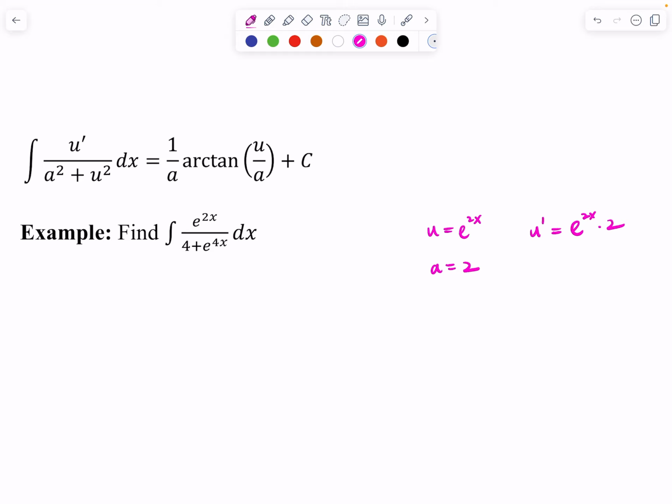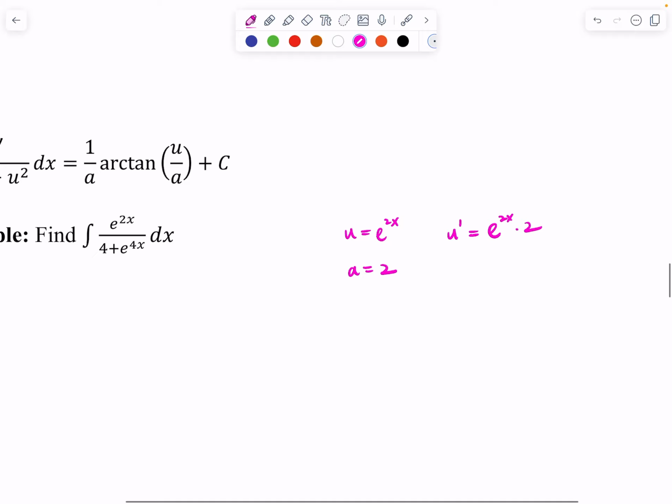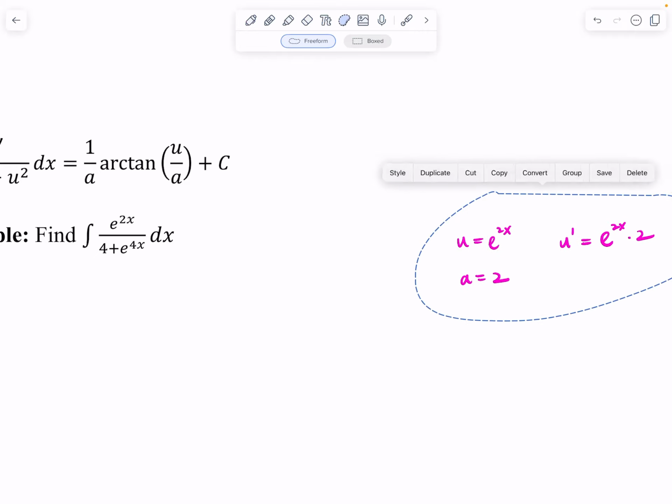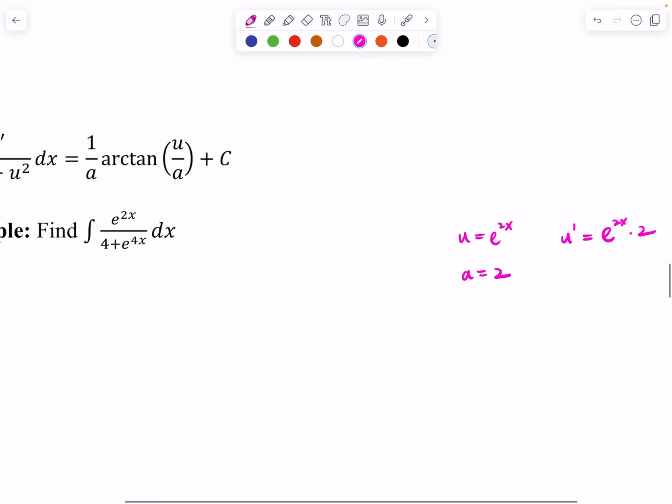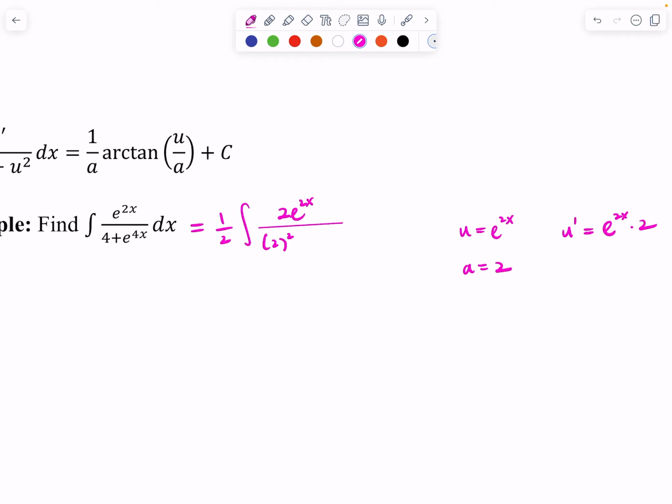And the version of 1 that we could multiply by is, how about 2 over 2, so that we can think about having that 2 in the numerator. So we can rewrite the integral. We don't need the 2 in the denominator, but we do need that 2 in the numerator, so 2e to the 2x, right, over 2 squared plus e to the 2x squared dx.